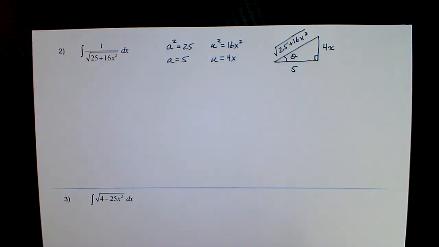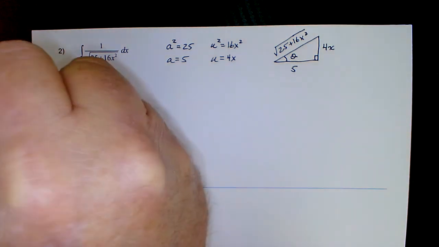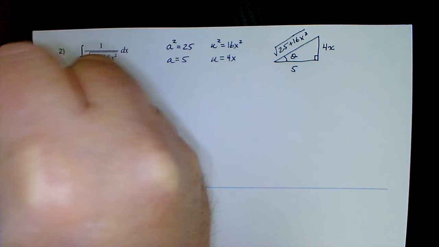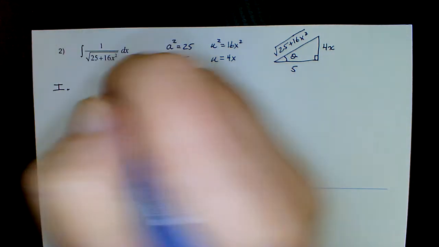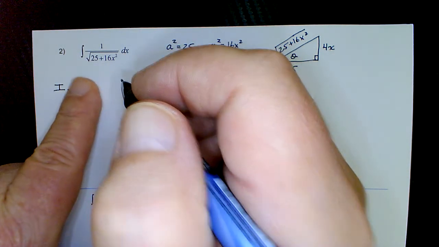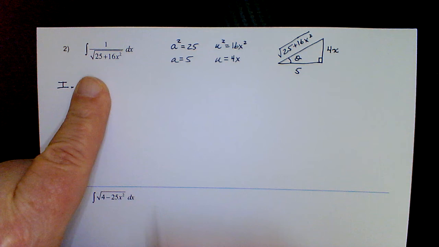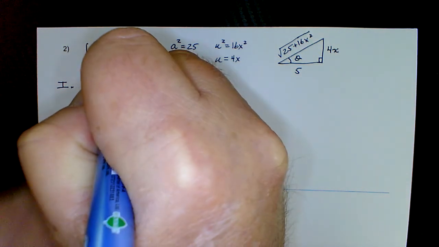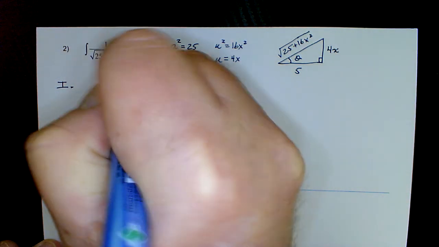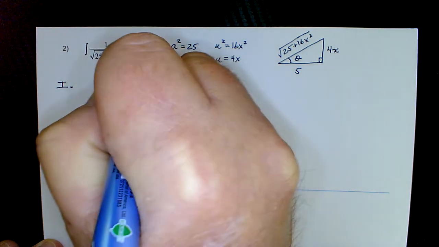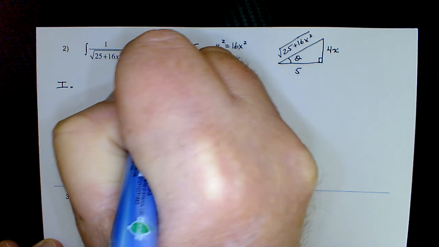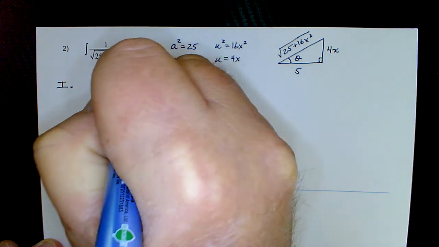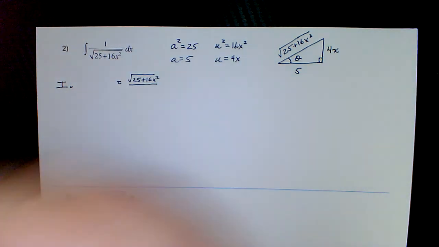Now, the 2 major steps, as we saw last time, were labeled as Roman numerals 1 and 2. You do not even think about the trig function that you're about to define here. You always make the ratio in this step of the radical part over the constant. So always radical over a.